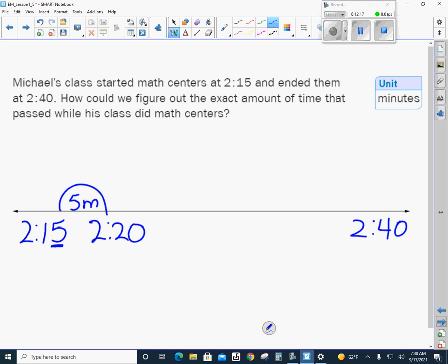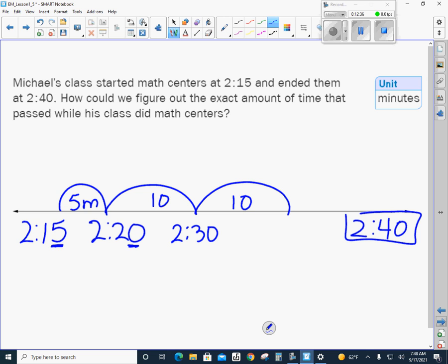Then you're getting to an easy 10. Now you might recognize, well, from 20 to 40, that's 20 minutes. Or maybe you needed to jump by 10s and say, well, in 10 minutes it'll be 2:30, and in another 10 minutes it'll be 2:40. Or some people may have jumped that whole 20 minutes altogether. But when I add up my jumps, it still equals 25 minutes.